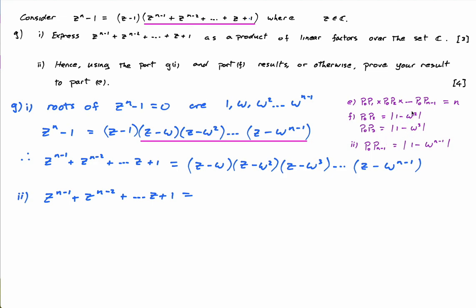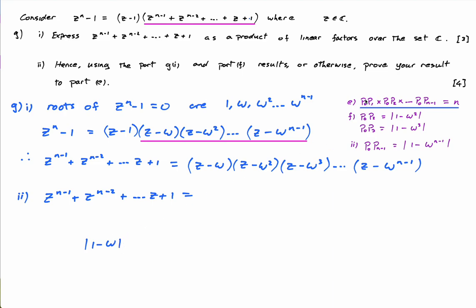How can I get, so essentially I need to get, because I'm trying to prove this thing here, 1 minus omega, because that's P0P1.